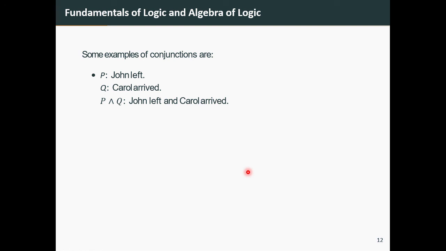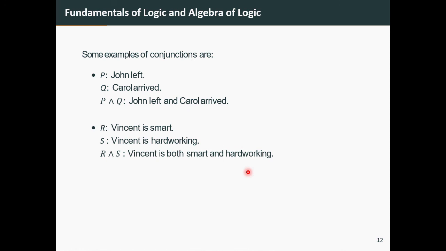Let's try another one. Let R be the proposition Vincent is smart, and let S be the proposition Vincent is hardworking. So the conjunction is Vincent is both smart and hardworking.